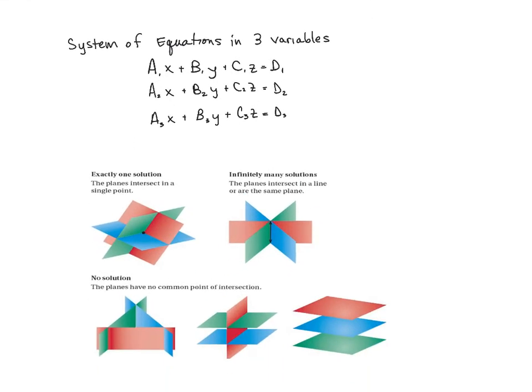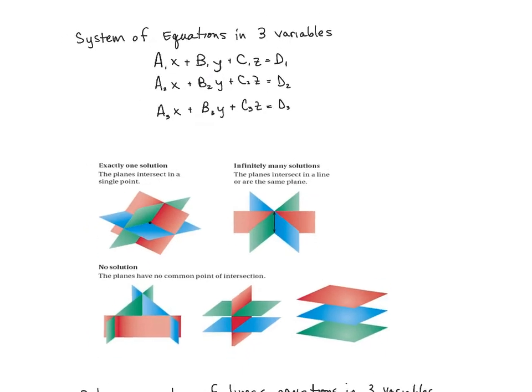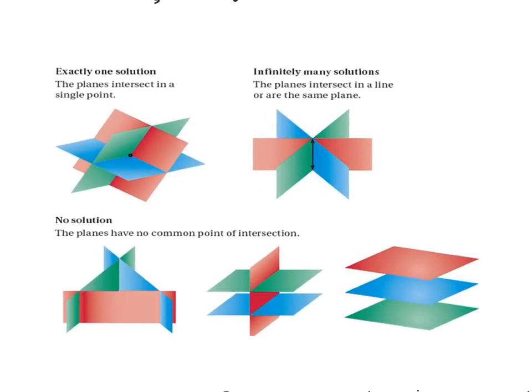When we have a system of equations in 3 variables, we have 3 equations with the variables x, y, and z, and these coefficients would be just different whole numbers. But all 3 of these equations represent planes instead of lines. And so you can see here some different ways that 3 planes can interact in space.